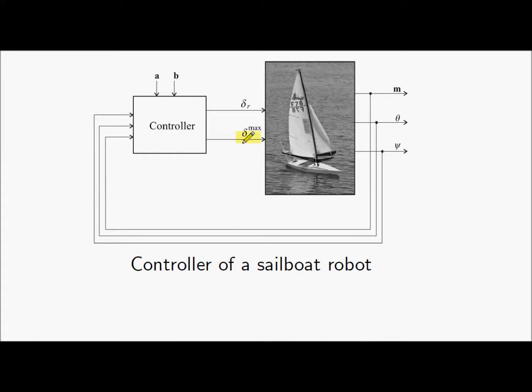And what I am able to measure is the position of the robot, the heading of the robot, but also the direction of the wind. With this, I will give as input to the controller what I want to follow. I want my robot to follow a line, AB. That's what I want. So I want to build this controller.